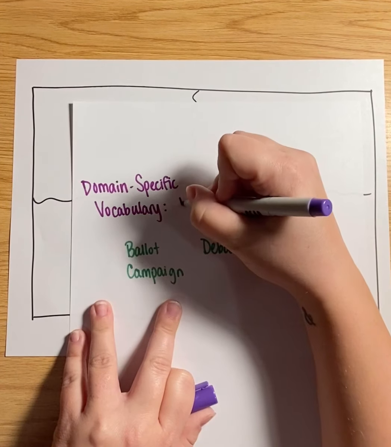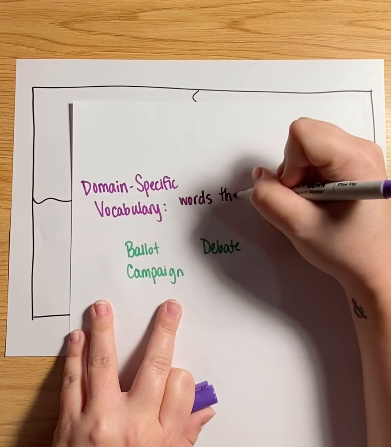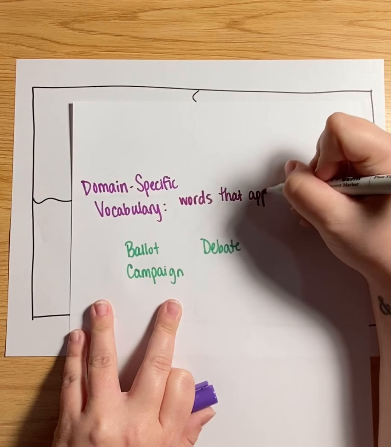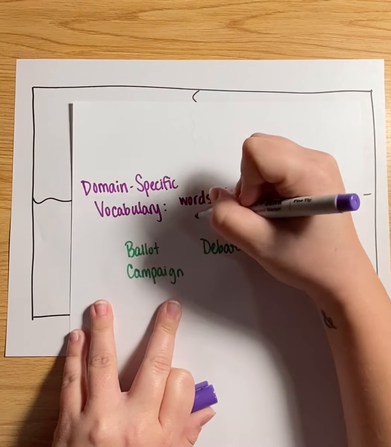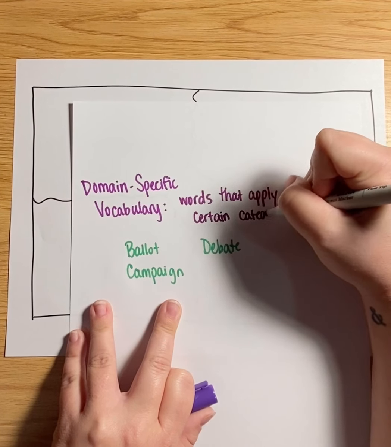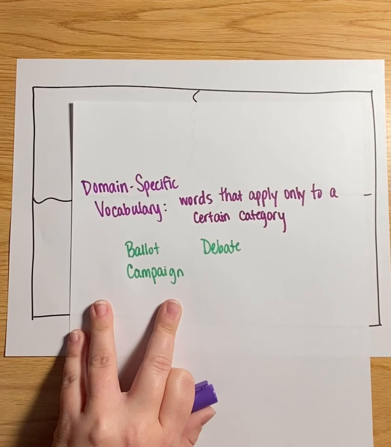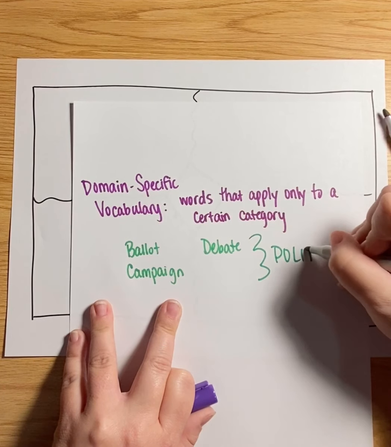So our domain-specific vocabulary is going to be words that apply only to a certain category. So these words that are in our story are going to apply to politics.